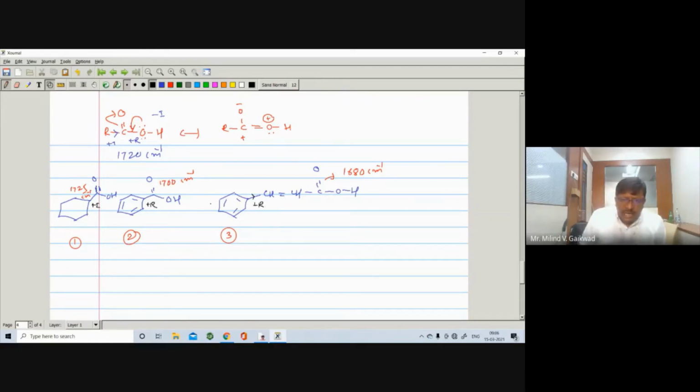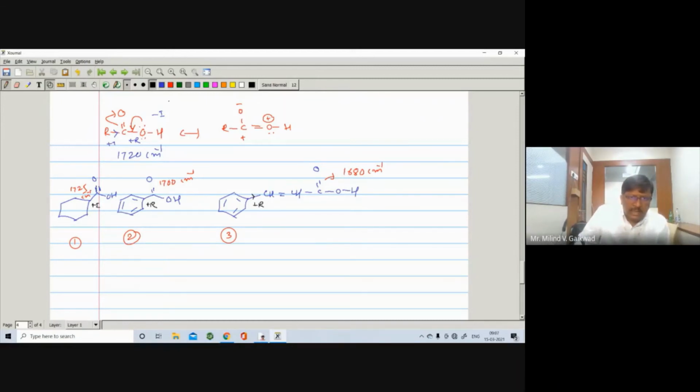So more the plus R effect, more the conjugation, more the single bond character, less is the force constant. That's why less is the vibrational frequency. That's why the third compound appears at 1680, the second compound at 1700, and the first compound at 1725. Book to book this value may also be different.